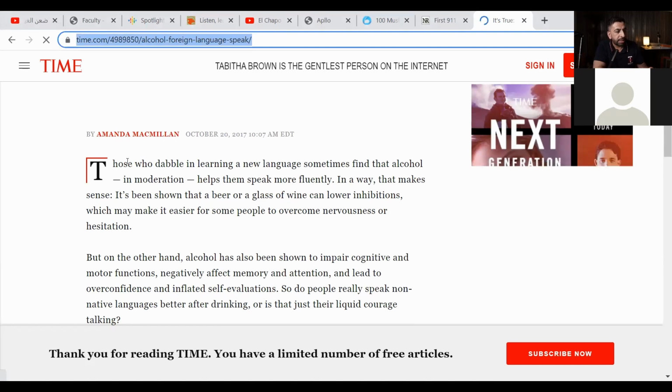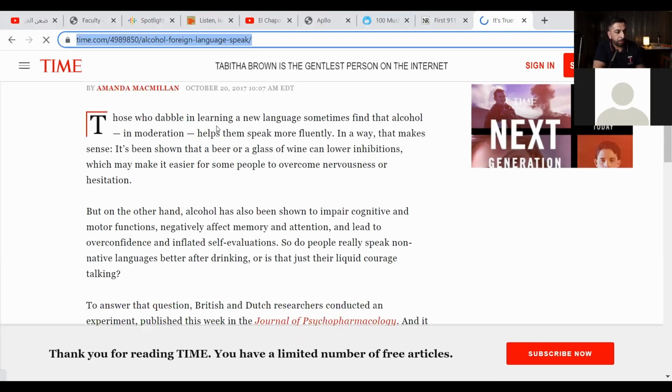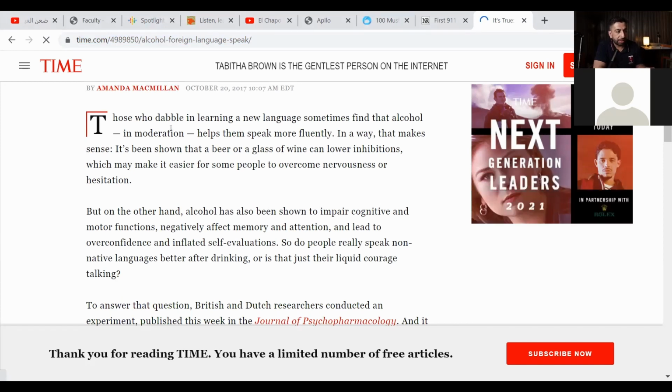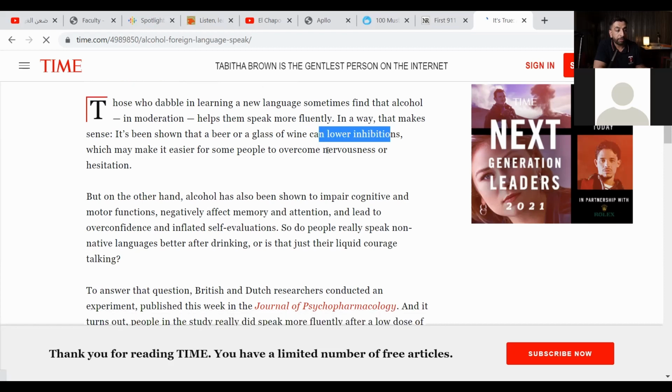Okay. So it just says those who dabble in learning a new language, dabble means struggle, sometimes find that alcohol in moderation helps you speak more fluently in a way that makes sense. It's been shown that a beer or a glass of wine can lower inhibitions, which make it easier for people to overcome nervousness or hesitation, which is interesting.